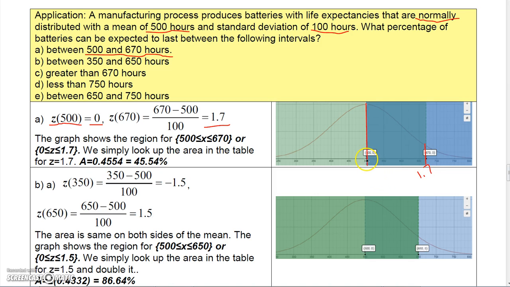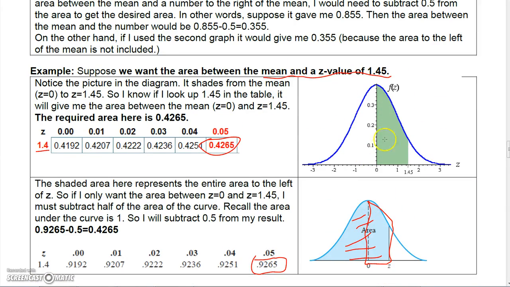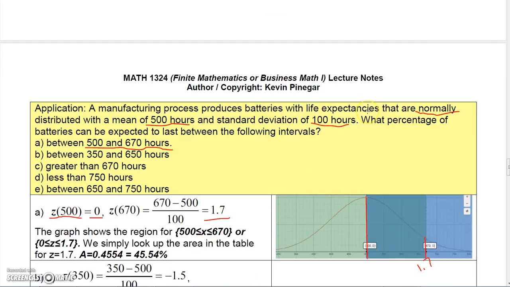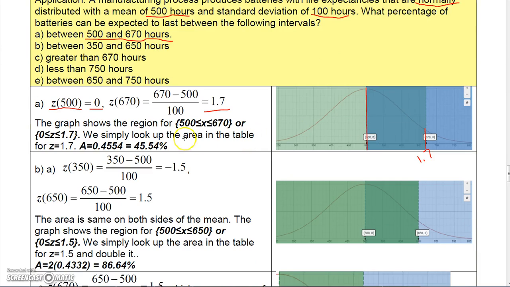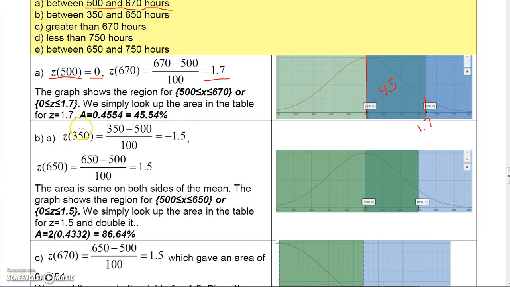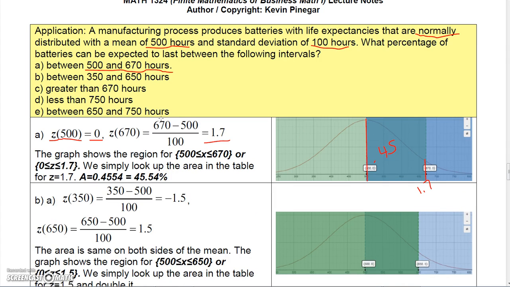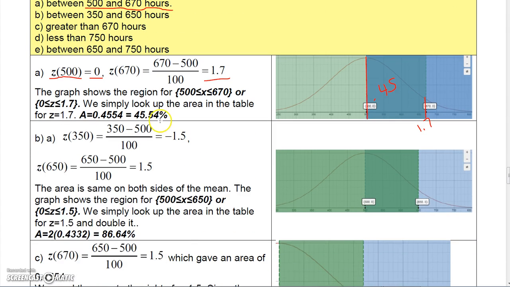If I do the table that corresponds to this picture and look up the Z-score for 1.7, I'm going to get 0.45, roughly. If you want to get more accurate, it's 0.4554. So that would mean that I would expect 45.54% of the batteries to last during that range.